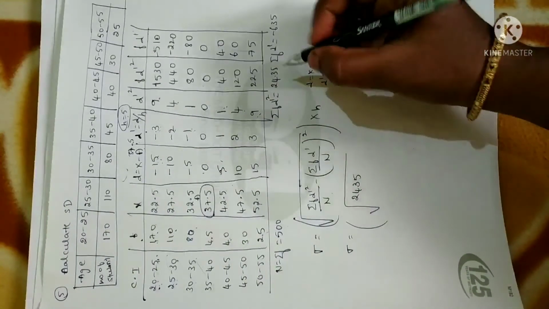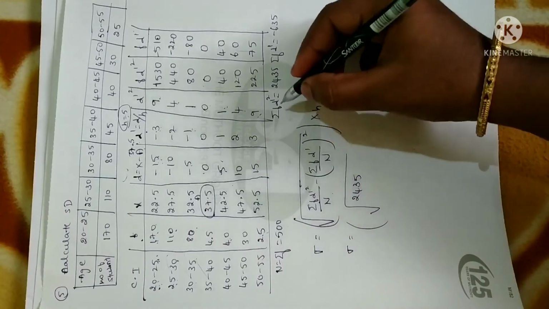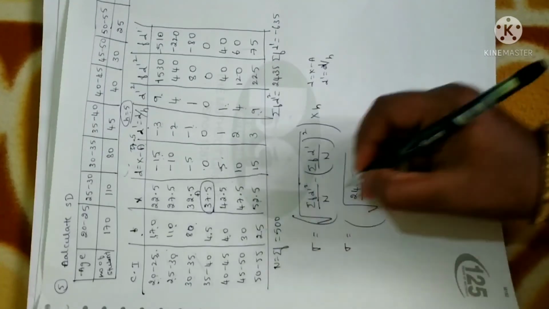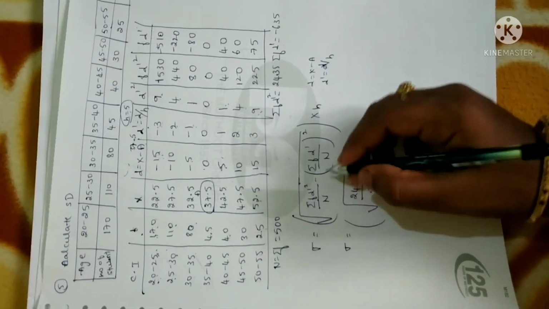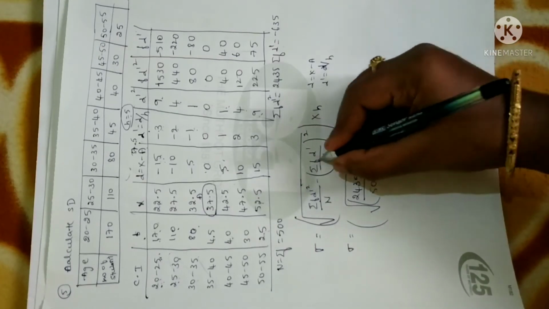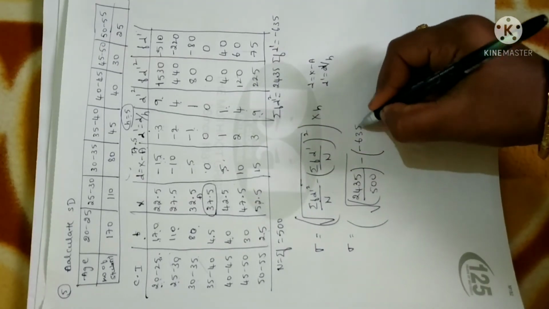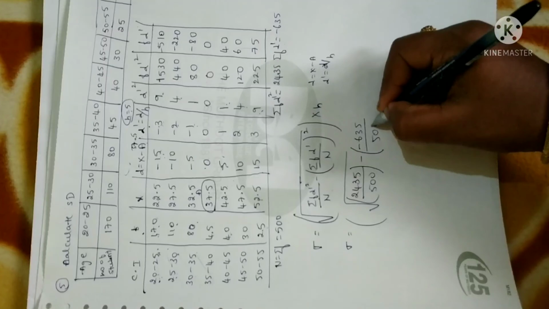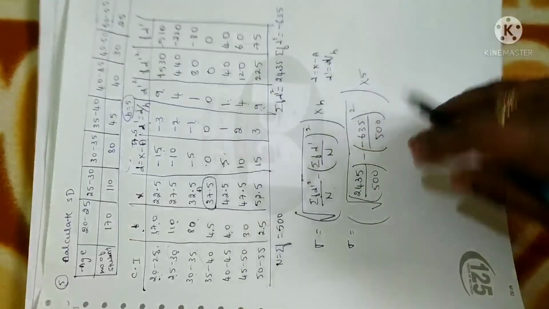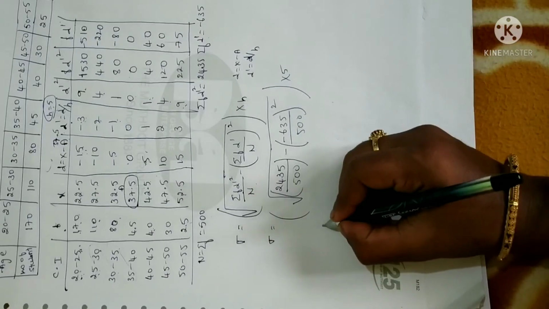While substituting, you have to take care whether you are substituting fd dash or fd dash square. Divided by n, which is 500. If you vary one value, you will not get the answer. So please take care of substitution. Minus 635 divided by 500, the whole square, into h, which, as I told you, is 5.